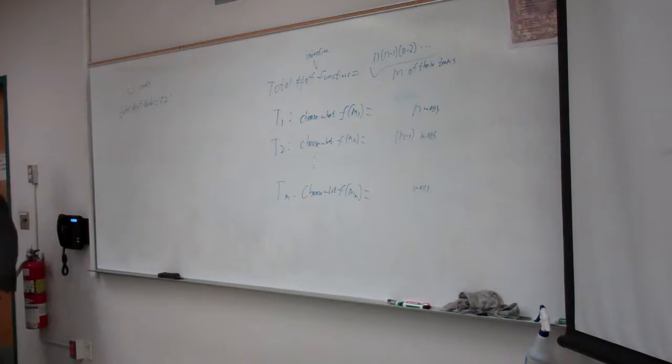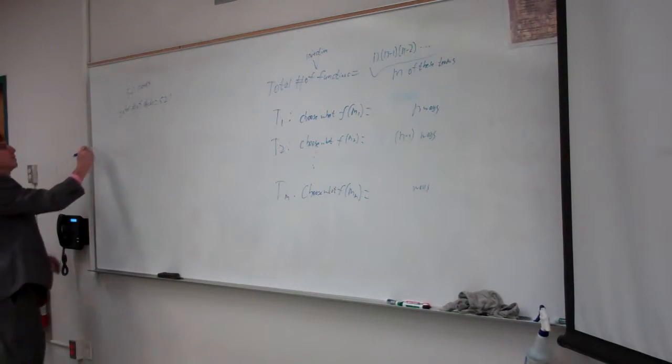Right, 52 cards, the total number of possible decks we can have is 52 factorial. But what if you're drawing a hand of 5 cards from a deck of 52? There's 5 tasks. Pick the first card, second card, third, fourth, and fifth. How many ways can we pick one card from a deck of 52? 52.